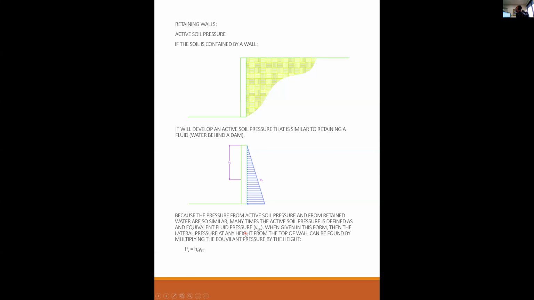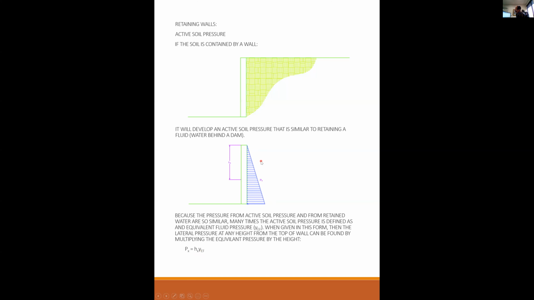So the force P at any depth X is equal to the height of X times the density of the fluid, or in the case of soil, times the effective fluid or equivalent fluid pressure, right?